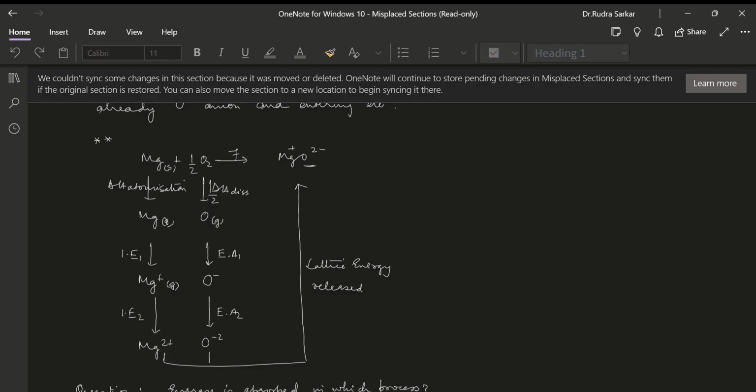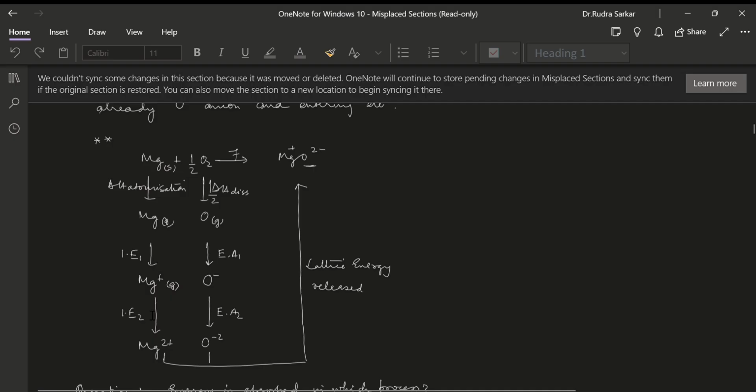Now we have over here the entire formation of magnesium oxide from magnesium in the presence of oxygen, forming MgO. What is this diagram? This is, as you see, using Hess's law. What is happening first? Heat of atomization, that means solid to gaseous magnesium. Then we are going for successive ionization energies.